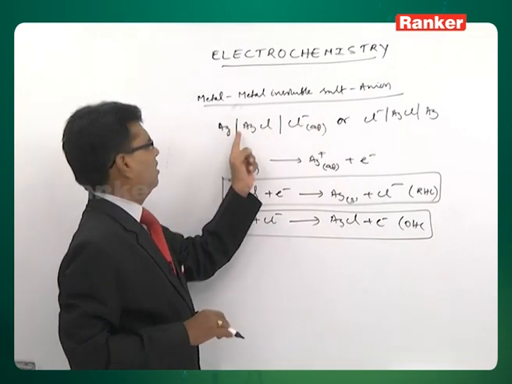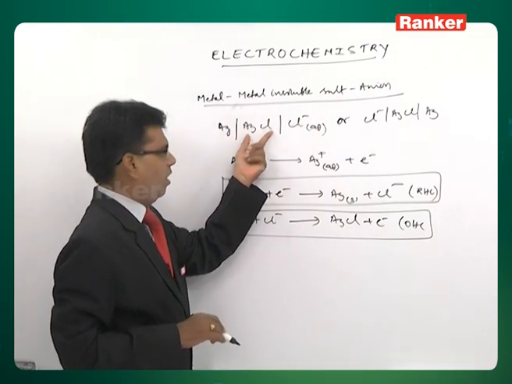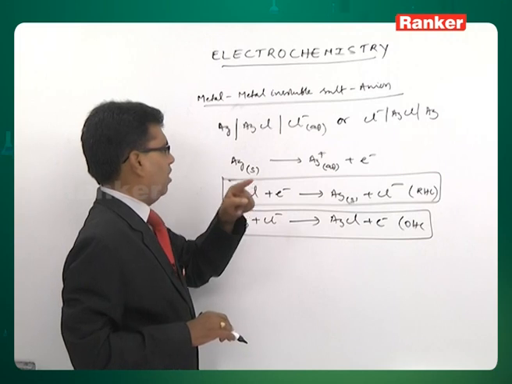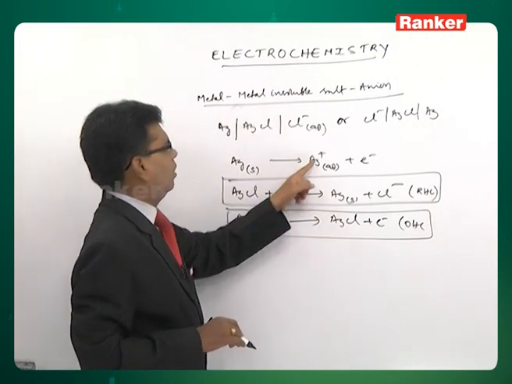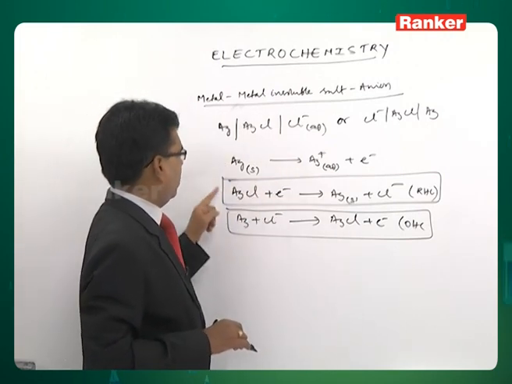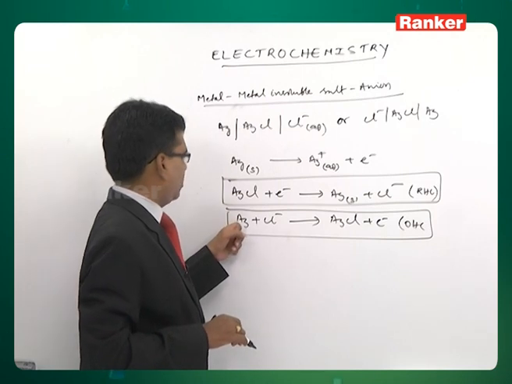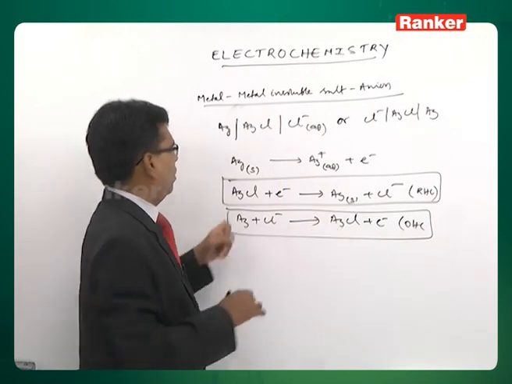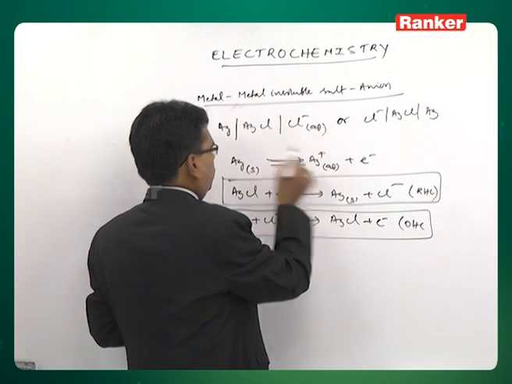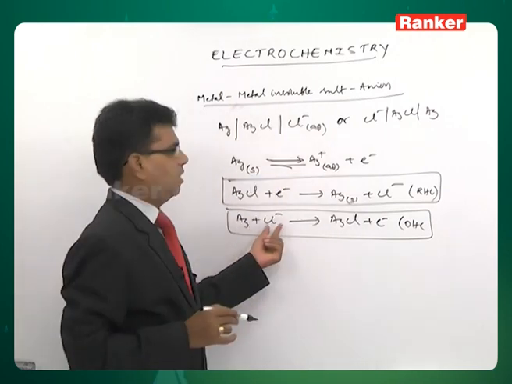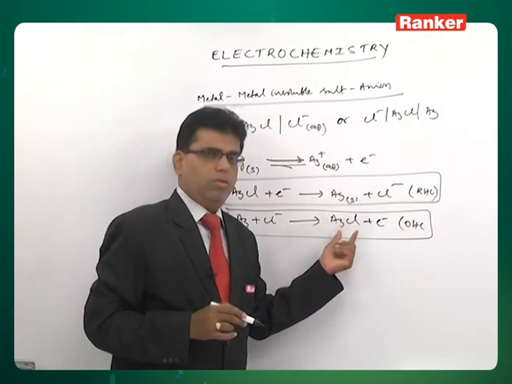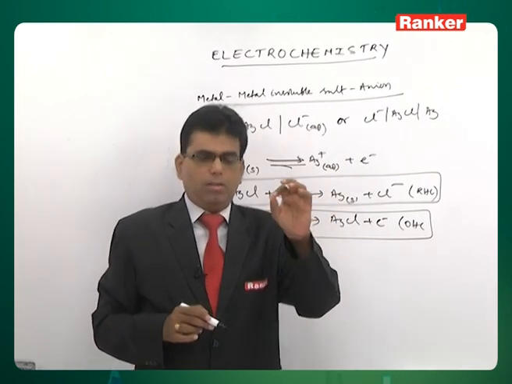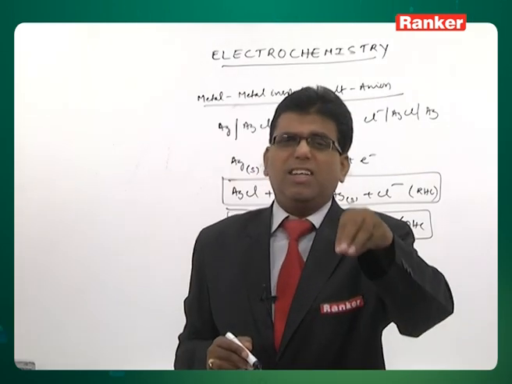Similarly, this particular half cell can act as either oxidation half cell or reduction half cell. Anyhow, the actual reaction is Ag to Ag plus, and the reverse is Ag plus to Ag, but only thing is it is through the saturated insoluble salt AgCl.